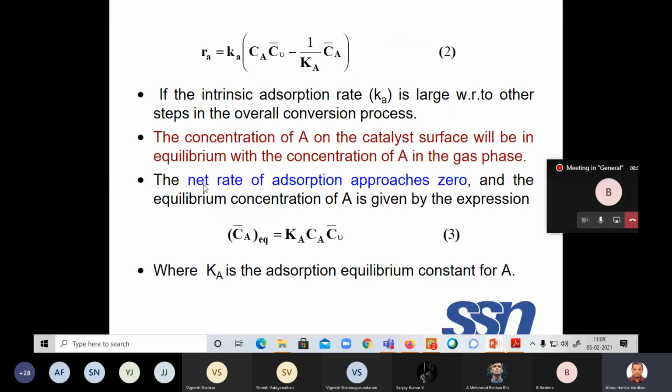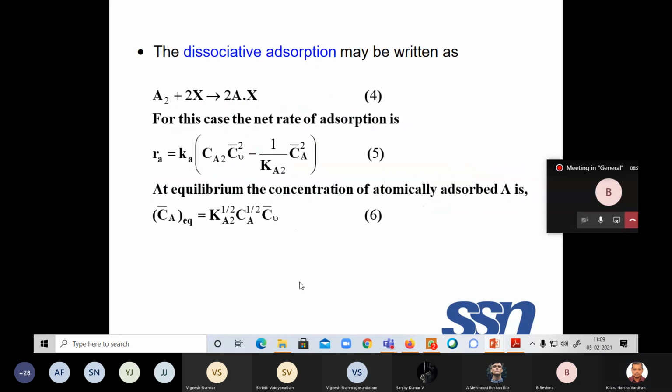So we discussed that the net rate of adsorption equals 0. Then your Ca at equilibrium will be equal to this particular thing, that is Ka, Ca, the concentration of A, into the concentration of the active site, where capital Ka is the adsorption equilibrium constant.